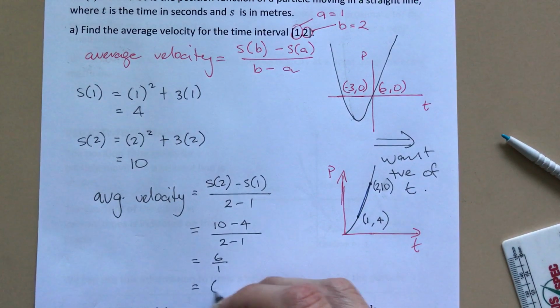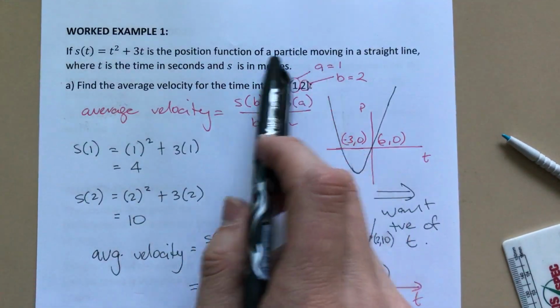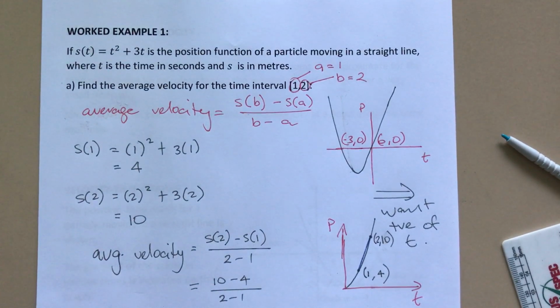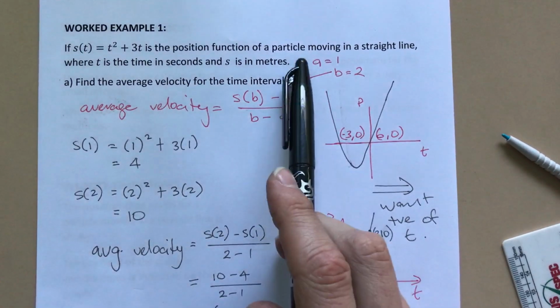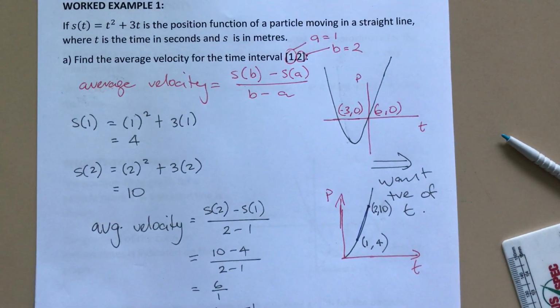And so your average velocity over that interval is 6 meters per second, okay? So you can calculate the average speed that the particle is moving at. Particles are quite common. You'll see a lot of particles in your textbook for this particular topic. But yeah, the particle is moving at 6 meters per second from t equals 1 to t equals 2. Okay, so that's effectively one application of average velocity.